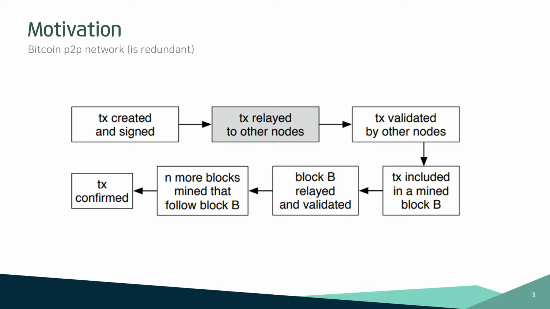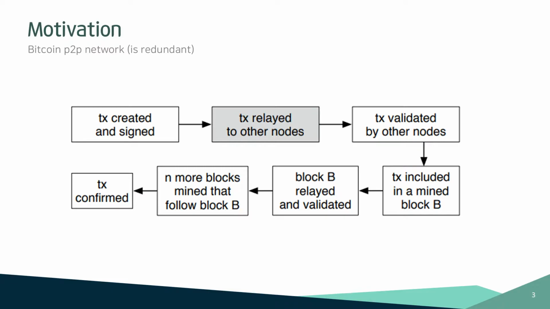This figure shows the life cycle of a transaction. The transaction is created, signed, and propagated to other nodes. Other nodes then validate the transaction and add it to a block being mined.